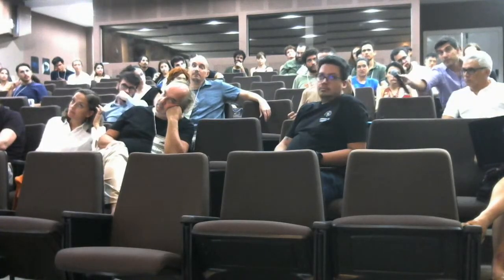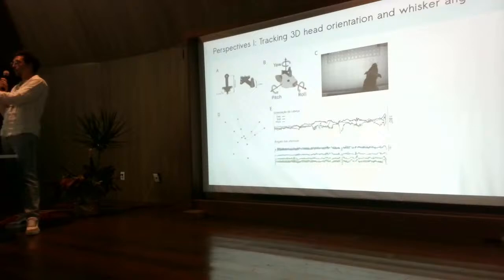I didn't get the question in the end. So if you have other influencing structures, not just the primary, but also information from higher somatosensory areas influencing the discrimination.